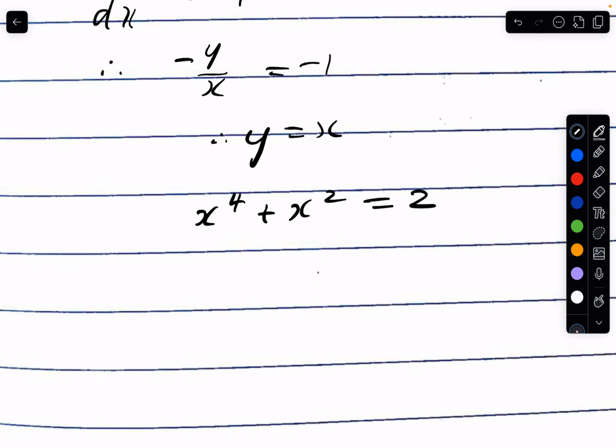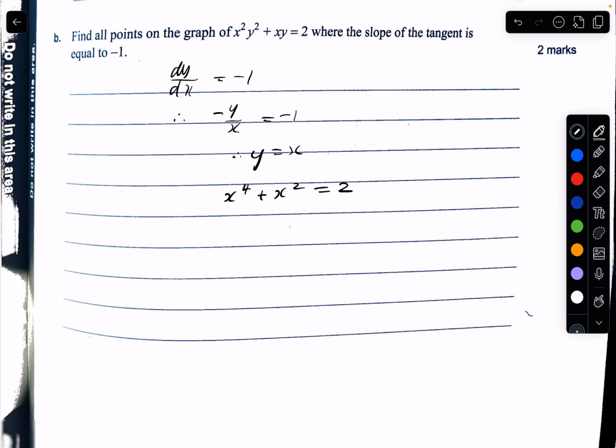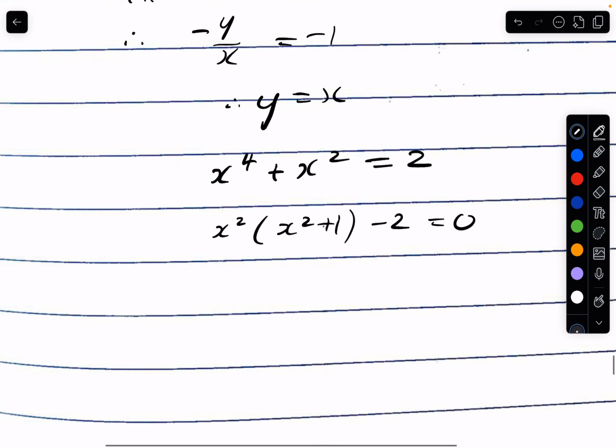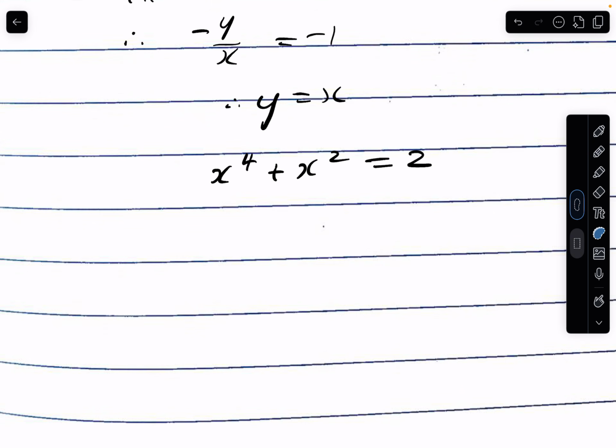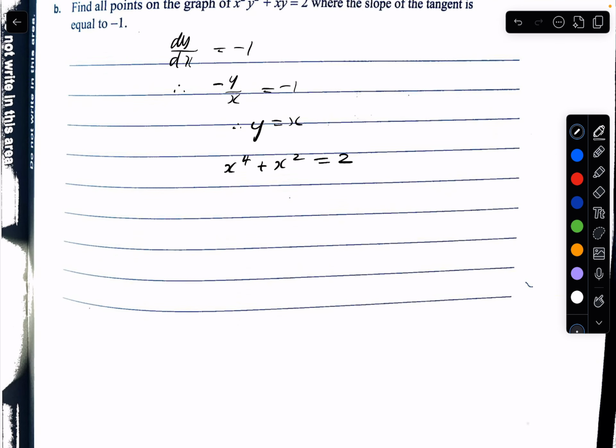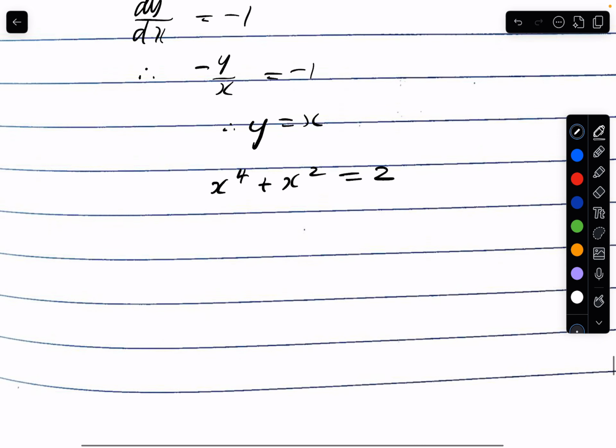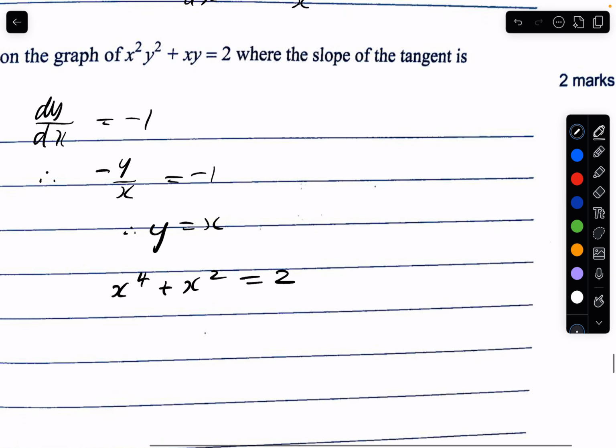And how are we going to solve that? If you just look at that equation, how many solutions should you get? That's this plus this.